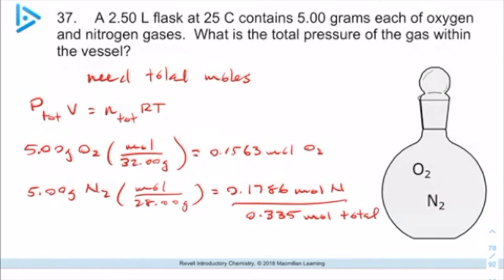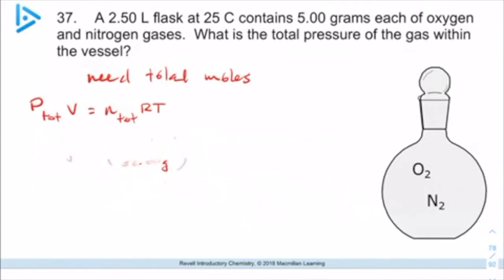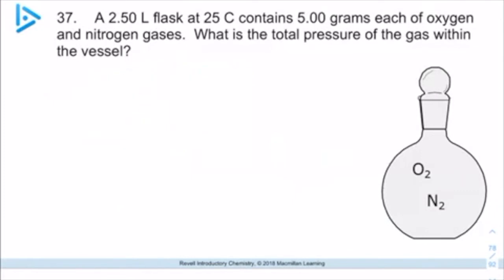So I'm going to erase this real quick so that I can complete my ideal gas law equation. Hopefully you've written this much down, and we'll come back. Now that we have that information, we can utilize it.